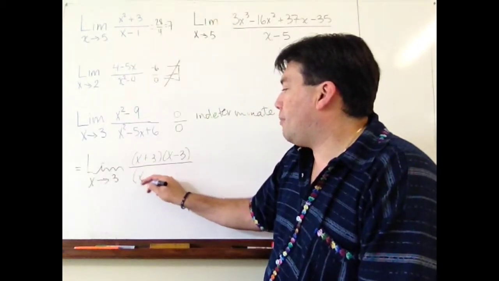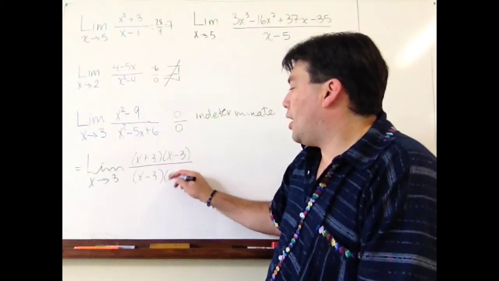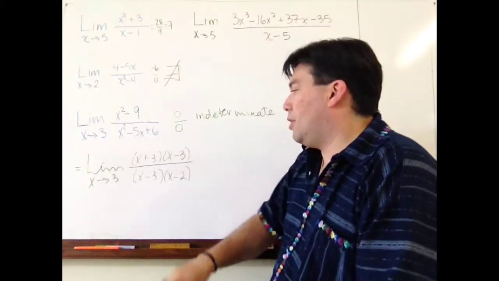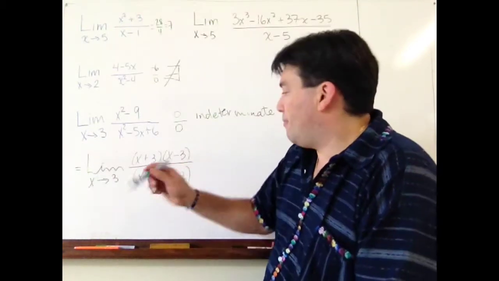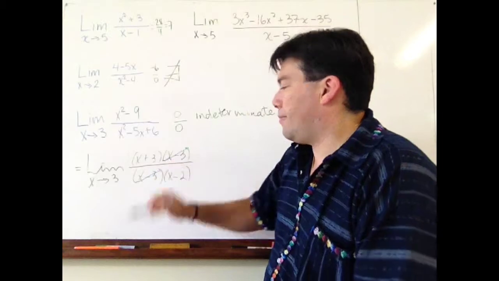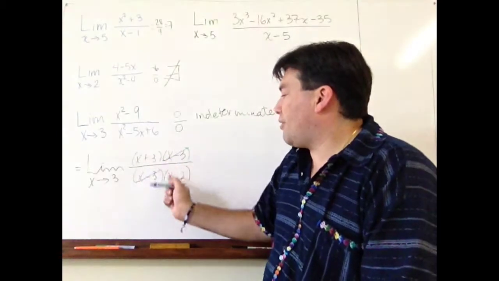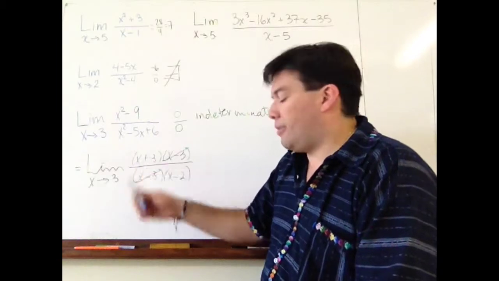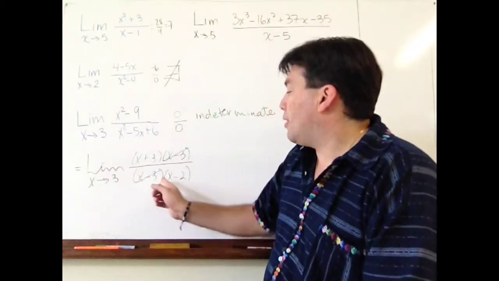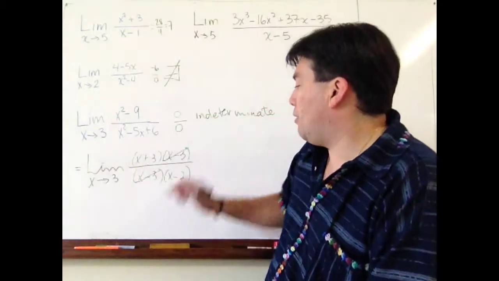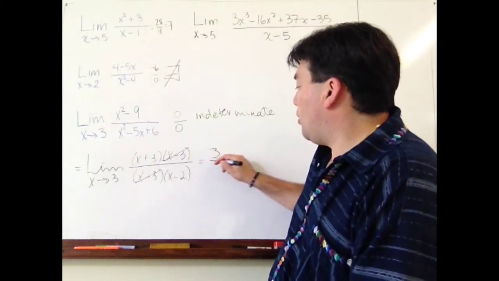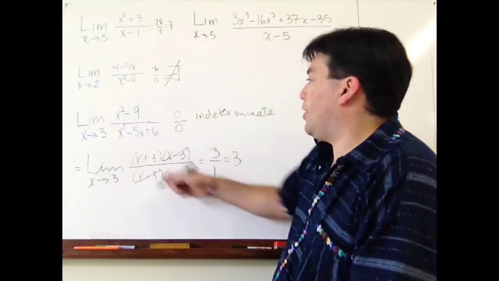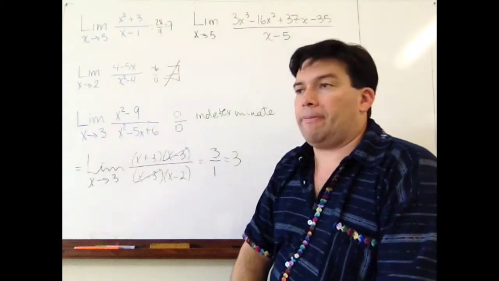So that's x minus 3 and x minus 2, which means I can simplify, leaving this expression. If I substitute now, 3 plus 3 is 6, 3 minus 2 is 1, so the limit is 6 over 1, which is, of course, 6. So this limit equals 6.